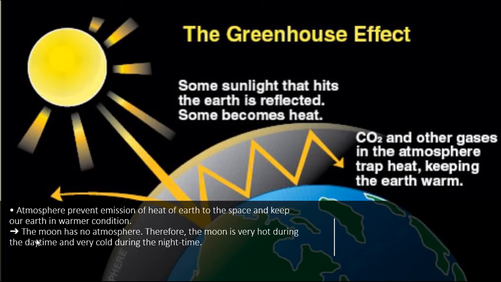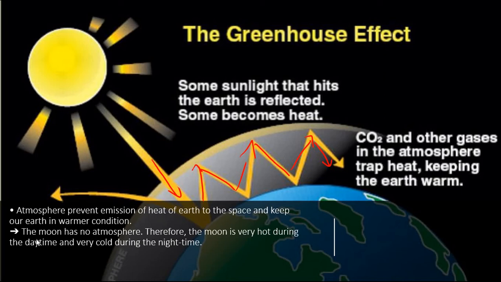Here you will be able to get a clear understanding about what I meant at that moment. So as you can see over here, the sun will basically hit the earth. Some sunlight will hit the earth, and then it will start to reflect like this.